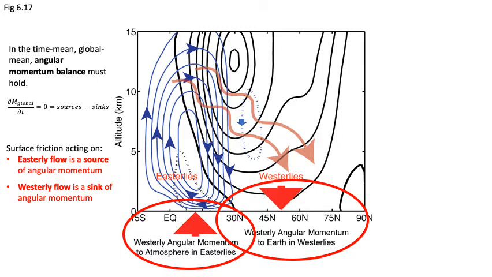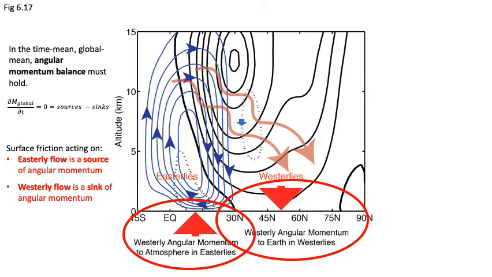So in the low latitudes, there's always angular momentum being added to the system. That angular momentum is then lifted high up into the atmosphere by the Hadley cell, and then transported poleward, following the Hadley cell circulation.